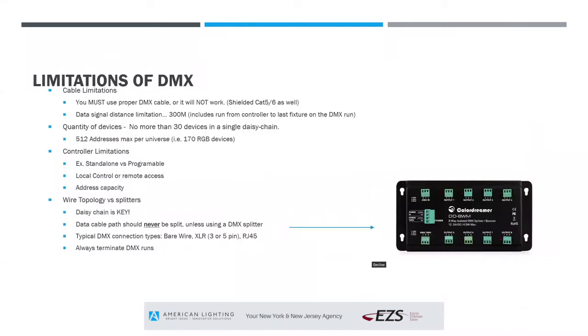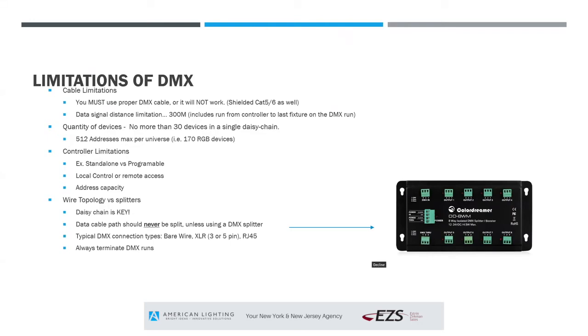So DMX can do a lot, but it does have some limitations, right? We talked about using either a DMX cable or a Cat5. Anything else generally is not going to work. So don't try and run, like, a 12/3 out there just because you have a bunch of it laying around from an old job. You do want a proper DMX cable, or you want a Cat5, Cat6, and make sure that that Cat5 or Cat6 is shielded.